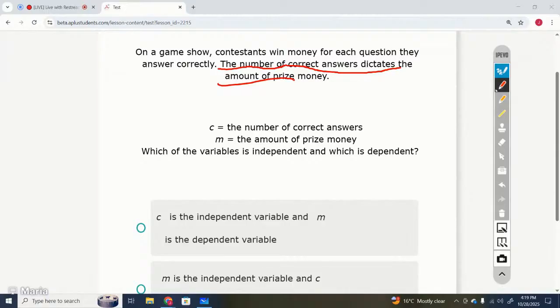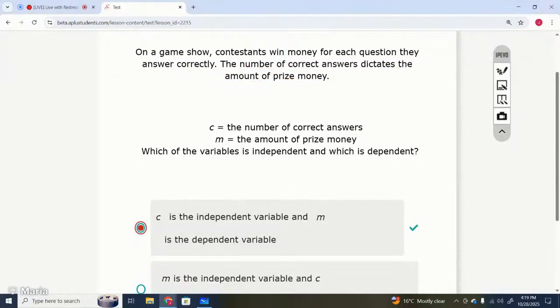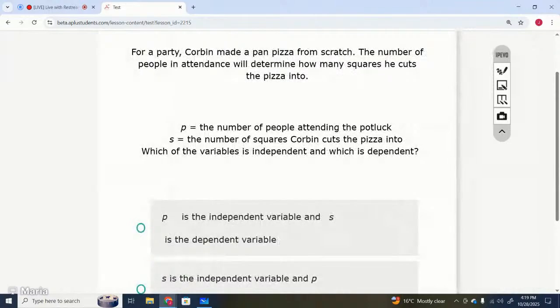Which of the variables is independent and which is dependent? So the more correct answers, that means C is the independent variable and M is the dependent variable. C is independent and M is dependent. Option number 1 is the correct option.